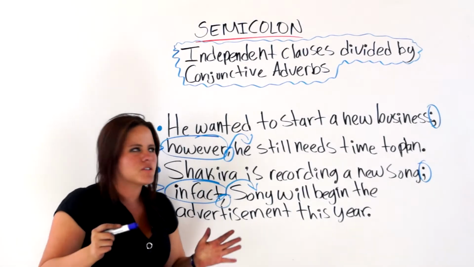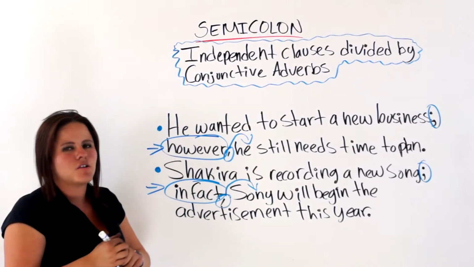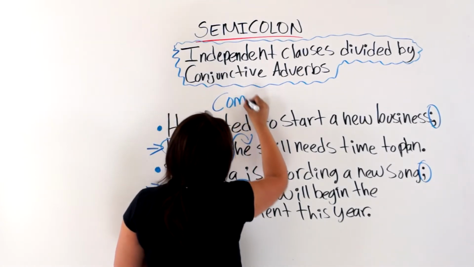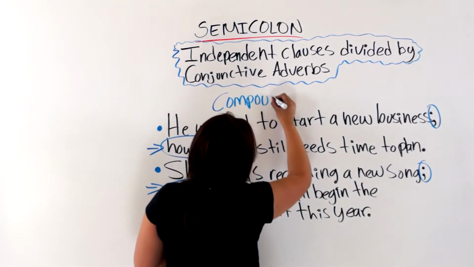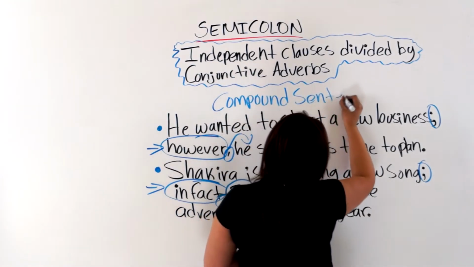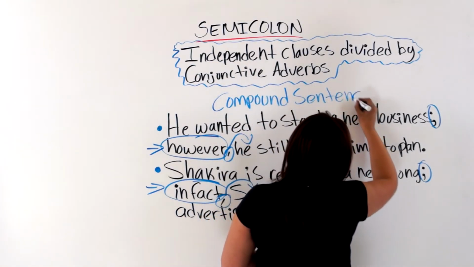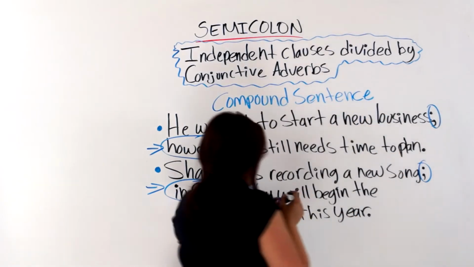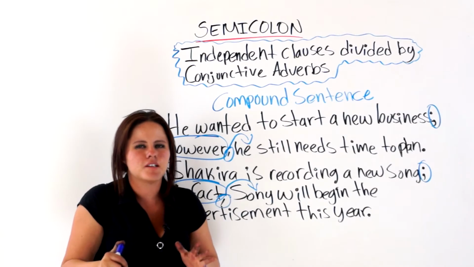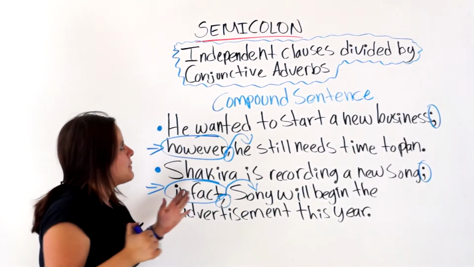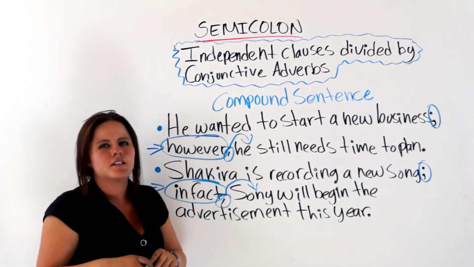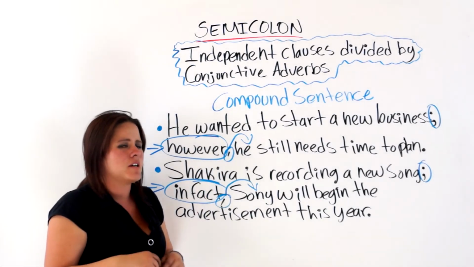So this is very simple, and remember that this sentence structure is called the compound sentence. Remember that compound sentences have two principal or independent clauses, but this time we have compound sentences that have conjunctive adverbs and that are using a semicolon.